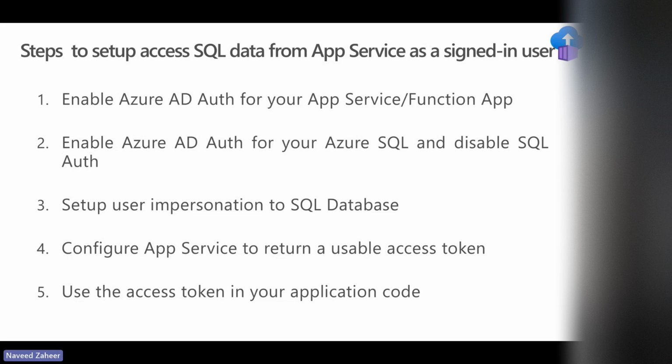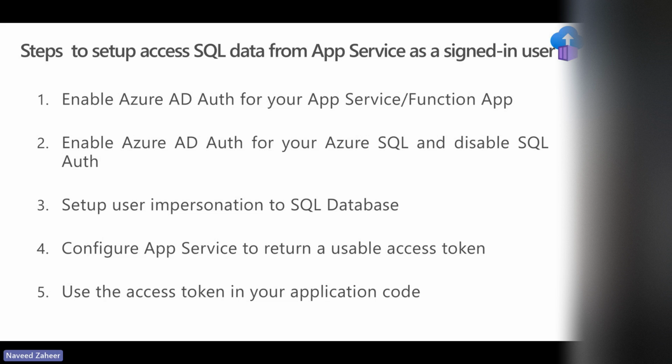Some of the key steps: it's very easy to set up. There is a detailed article in the documentation as well. We will go through each step; I just want to outline the steps. If you are looking at the slide deck, this is a checklist. You create an app service or a function app.